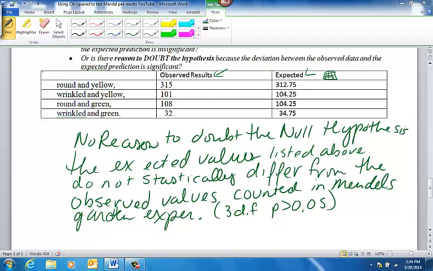So, yes, statistically speaking, 315 is equal to 312.75. 101 is equal to 104.25 statistically speaking. 108 is statistically speaking equal to 104.25. And 32 is statistically equal to 34.75 when you have a sample size of 556.